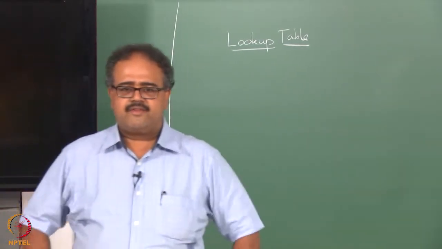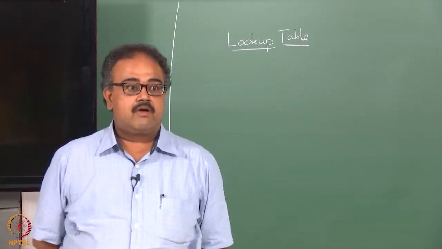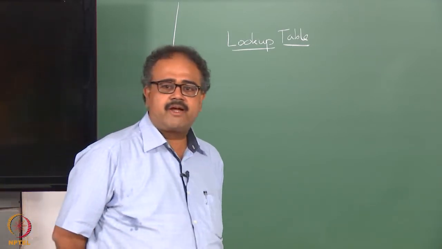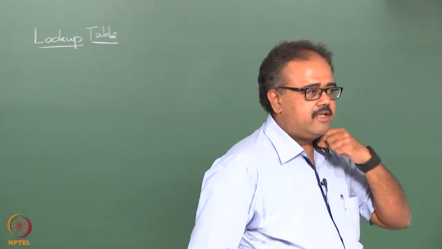Whether it is a bandit case where we kept a Q of a, or when we talk about V of s or Q of s comma a, we have always been assuming some kind of a tabular representation. For every s I know what the value is.